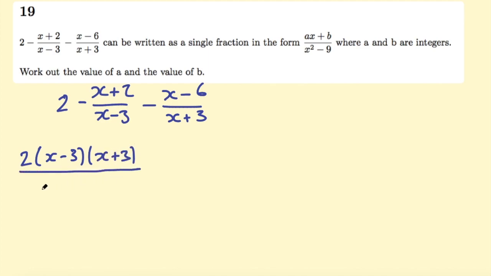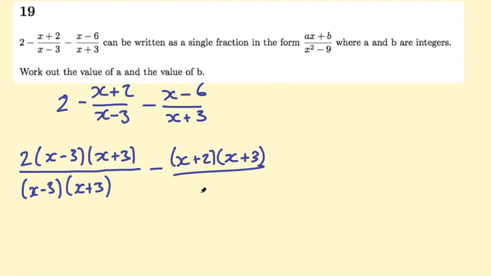And I'll warn you now, this is going to be quite long-winded and time-consuming. This is the type of question that makes me groan, because it's just so time-consuming and really, I think, a bit unnecessary, but anyway.